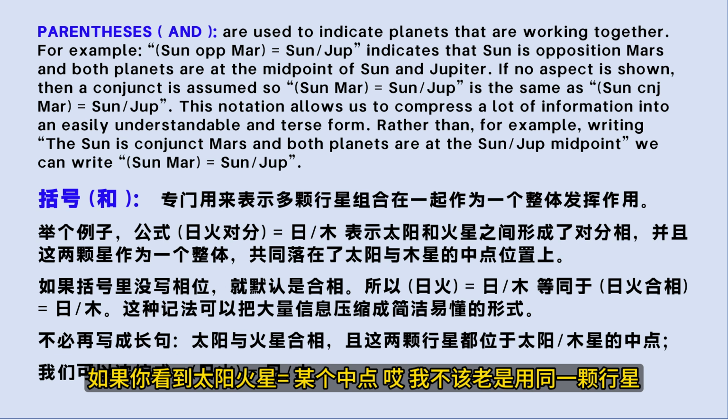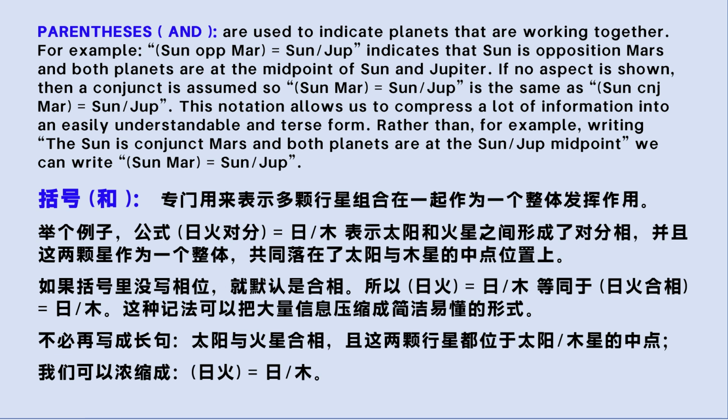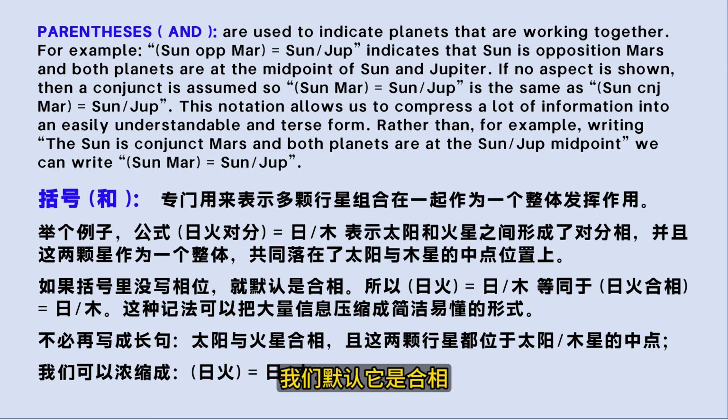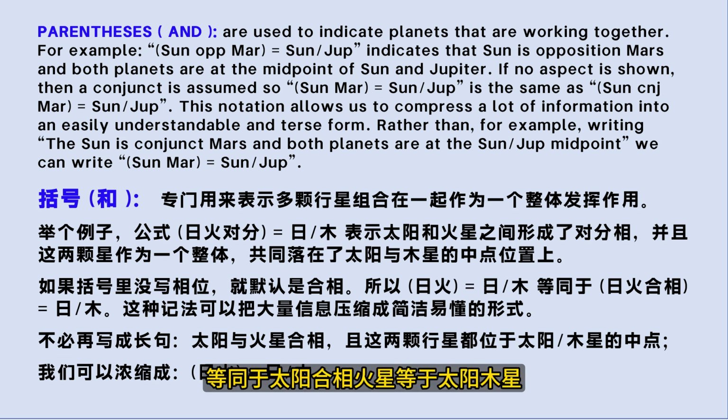So if you see Sun-Mars equals some midpoint, I shouldn't be using the same planet twice. So if Sun Mars equals Venus Jupiter midpoint, because there's no aspect, we're assuming conjunction. So typically, if there's not an aspect given, it means conjunction. It's the same as saying Sun conjunct Mars equals Sun Jupiter.